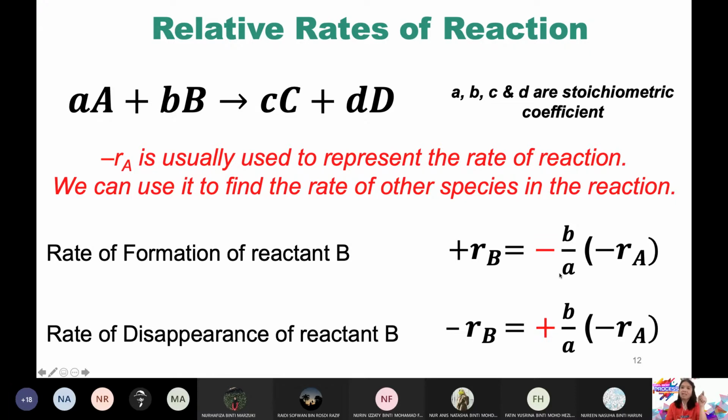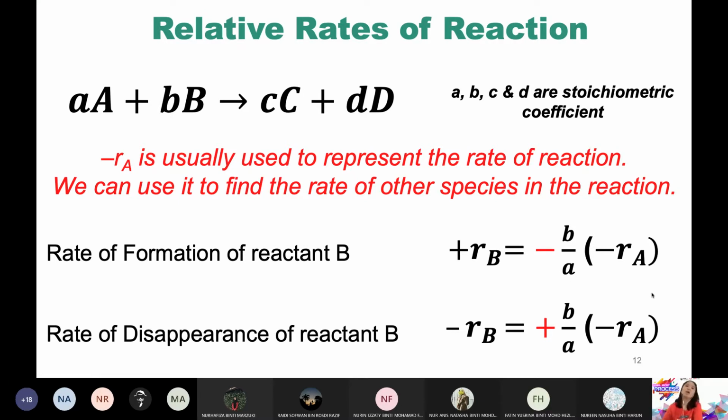The number is a negative number, and don't forget, multiply with the stoichiometric coefficient. Contohnya katakan tindak balas dia 1A bertindak balas dengan 1B. So, B per A tu 1-1 lah. Atau contoh kata, the reaction is 1A with 2B. So B tu jadi 2, A tu jadi 1. Then multiply with minus RA. Atau kata lain, macam saya kata tadi, kita nak tahu kadar tindak balas lain, kita menggunakan kadar tindak balas A.